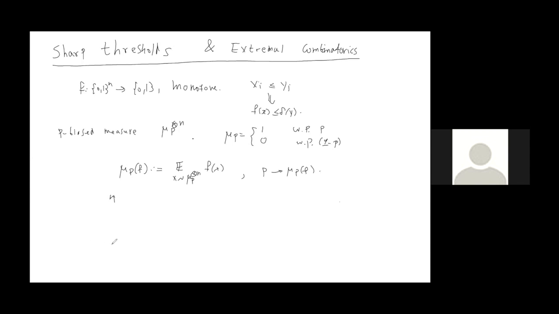So here are two distinct behaviors. On the left, we have what is called a coarse threshold. On the right, we have what is called a sharp threshold.